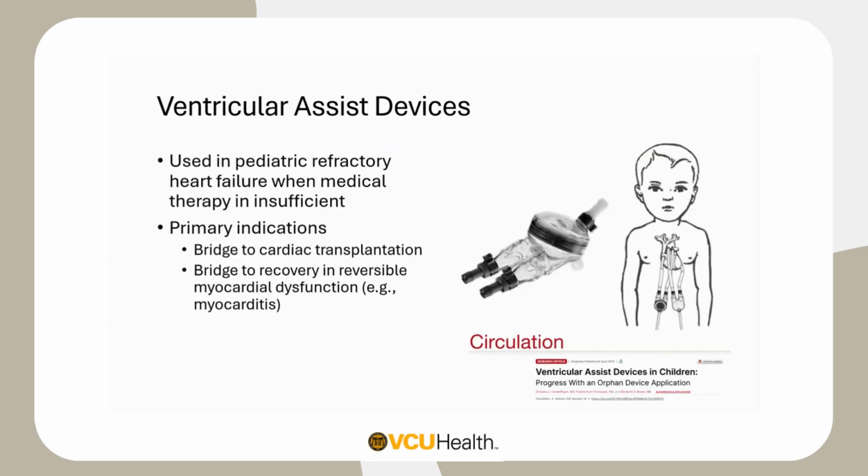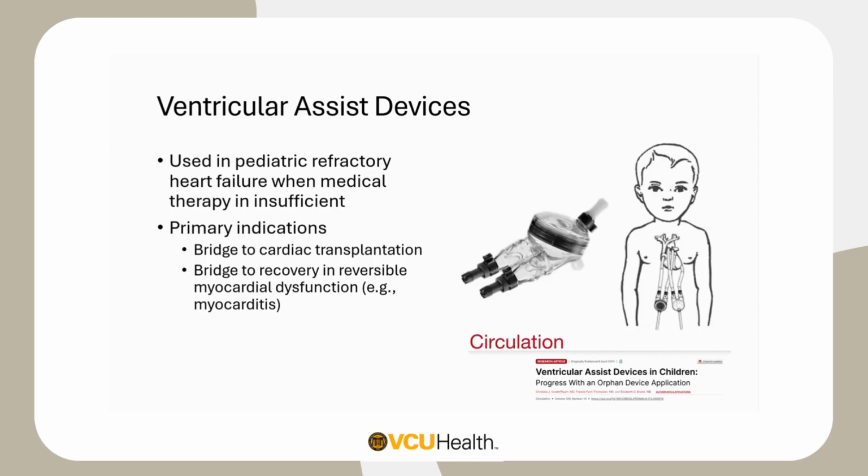We'll get back to ECMO in a little bit. For a discussion of mechanical circulatory support, it's also important to talk about ventricular assist devices. We will see these in the CVICU. You can have left ventricular or right ventricular assist devices. These are used in pediatric refractory heart failure when medical therapy is insufficient. A common primary indication is as a bridge to cardiac transplantation, when medical therapy is insufficient but a patient is waiting for a heart transplant.